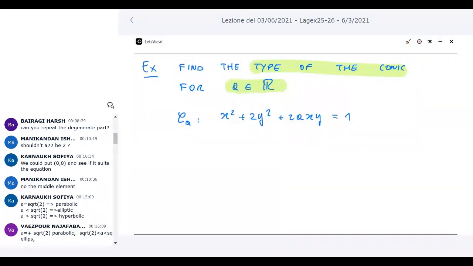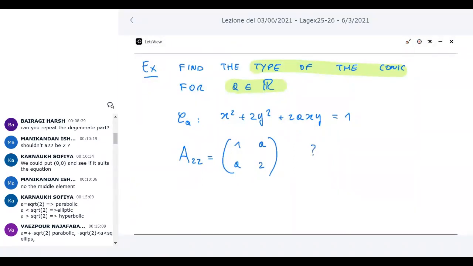Okay, so Sofia Carnot got a nice description and Vespur Alireza too. So let's try together. So I look at the matrix A22, with 1, a, a, 2, and then I want to study the character of definition of this one, right?